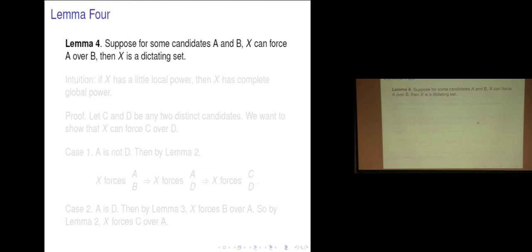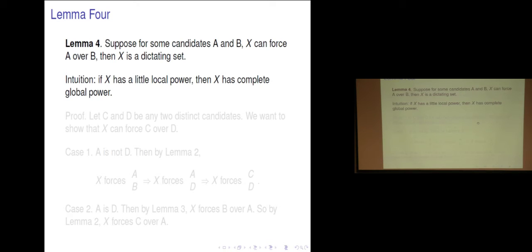Now, number 4. Suppose for some candidates A and B, X can force A over B, and then X is a dictating set. So as long as you force one pair, then you are dictating. So the intuition is if X has a little local power, just forcing 2 guys, then X actually has complete global power, right?